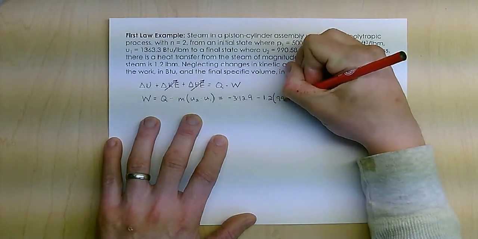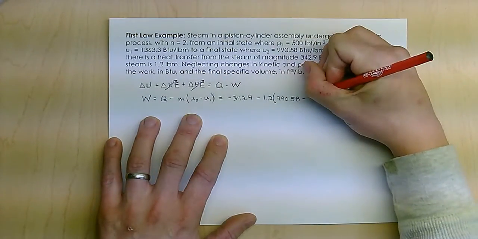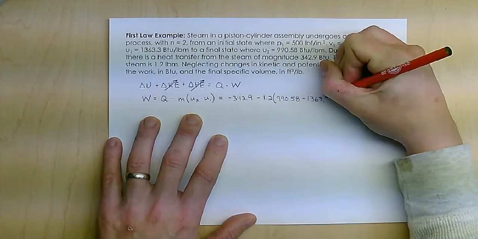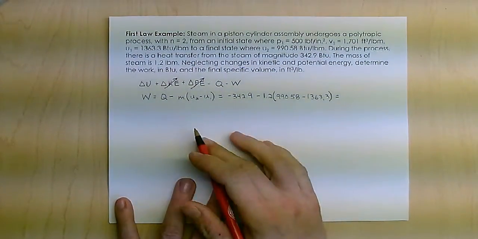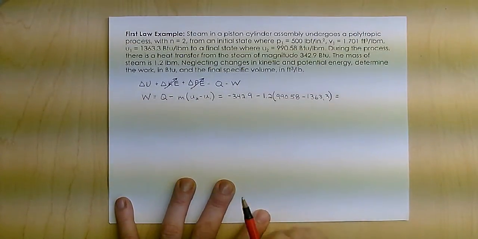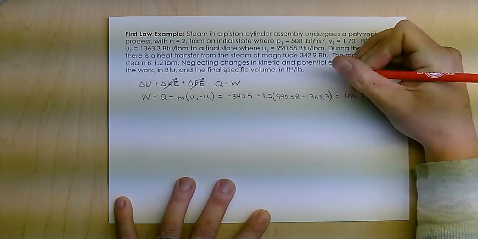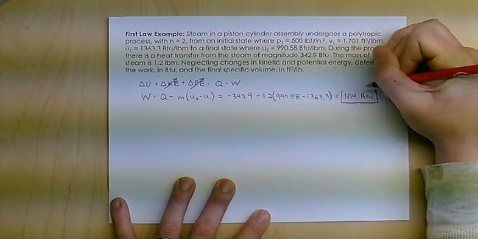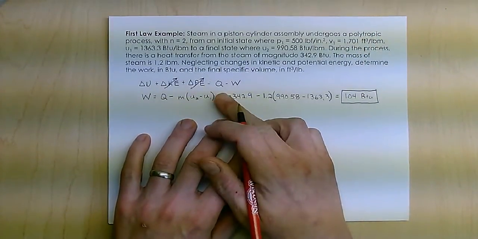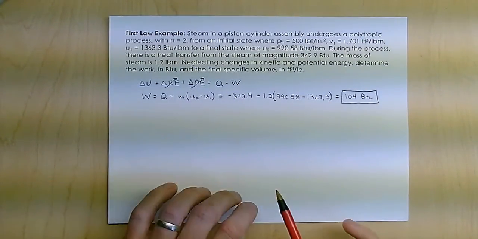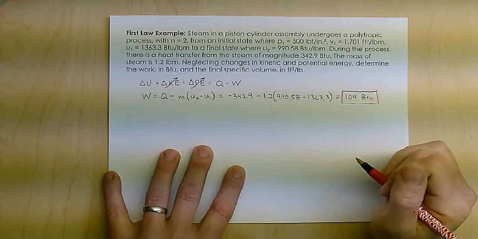That will be 990.58 minus 1363.3, which is going to actually equal a work of 104 BTUs. Now that's a positive work, so that is work that my system is actually doing on the surroundings. So we use that first law, neglecting our kinetic and potential energy, and basically my work is Q minus the change in internal energy.